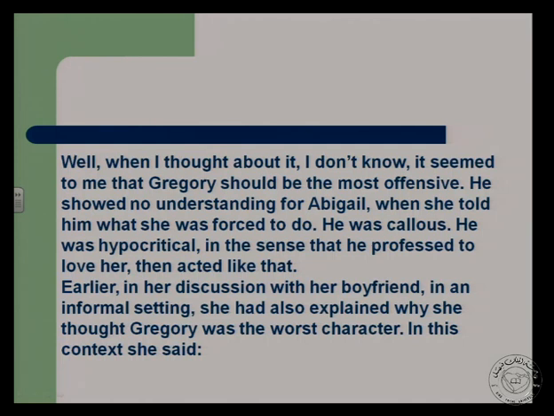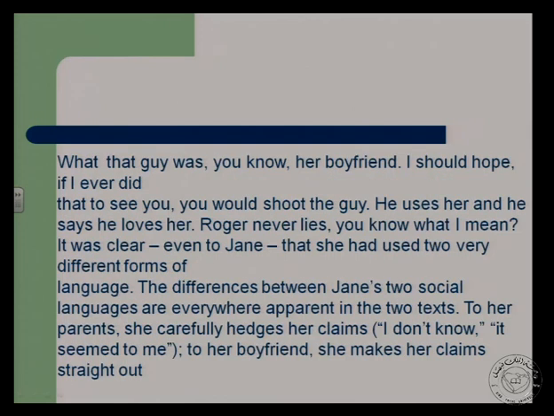In an informal setting, she also explained why she thought Gregory was the worst character. In this context, she said, "what that guy was." Notice she used guy, the word that she didn't use with her parents. You know, her boyfriend.